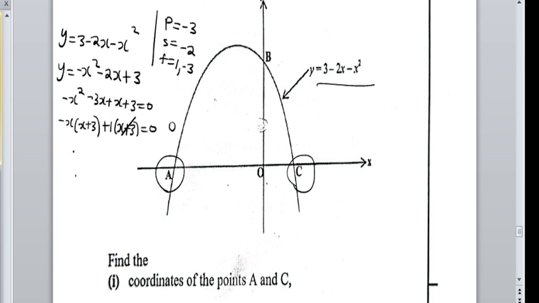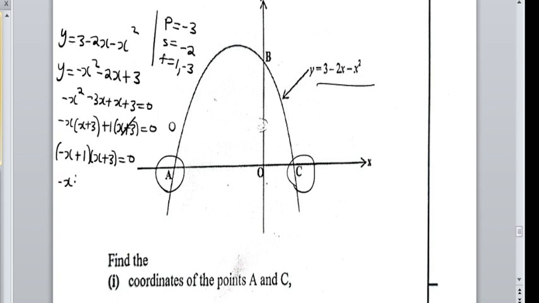So you cancel one of these, you group what has remained. So we remain with negative x plus 1. Then we also have x plus 3 is equal to 0. Then from there, we want to get the values.